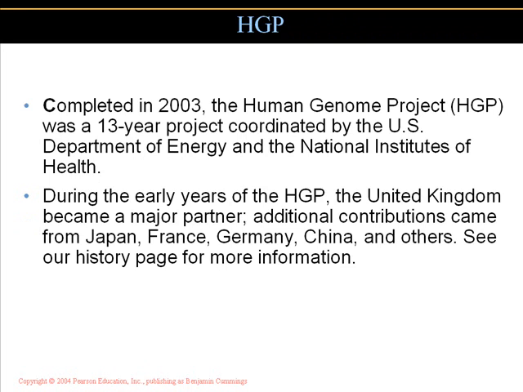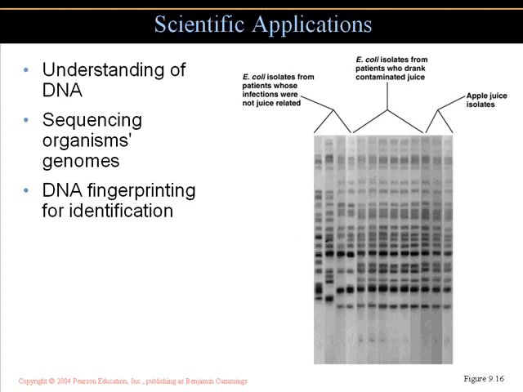It was taken over by the U.S. Department of Energy and National Institutes of Health. A number of international companies attempted to start it first, but because of funding or other projects, the United States kind of took the lead. During the early years of the project, the United Kingdom became a major partner. There were also contributions from Japan, France, Germany, China, and others who were able to participate in this process.